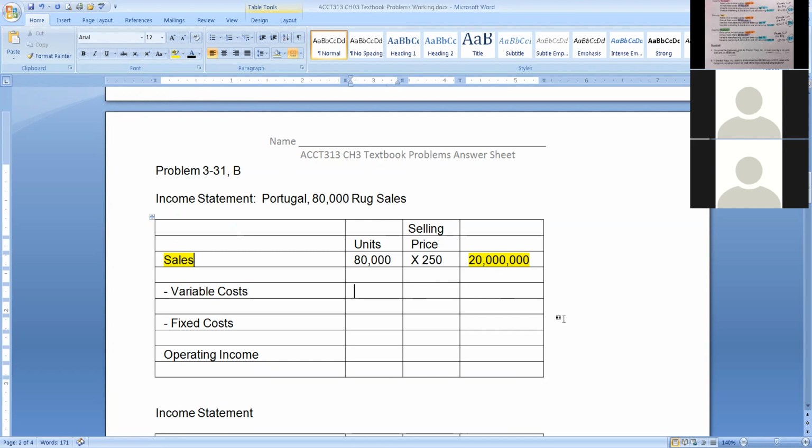Variable cost would be 80,000 times the variable cost for Portugal, which is 55.